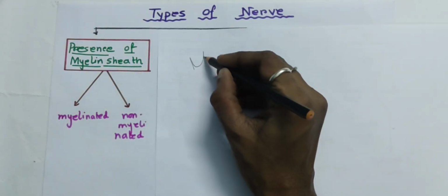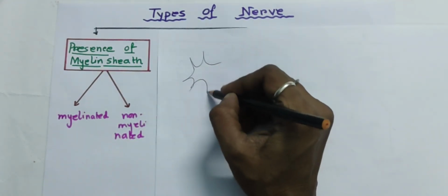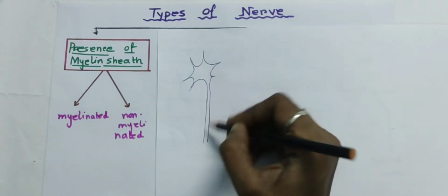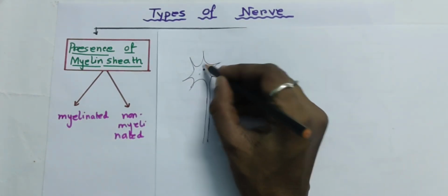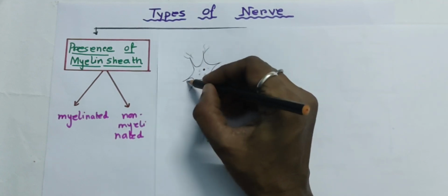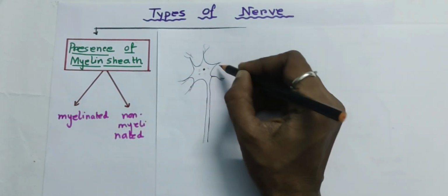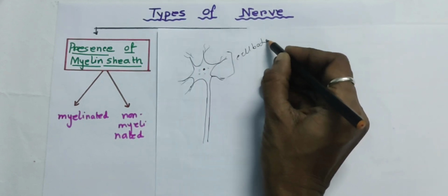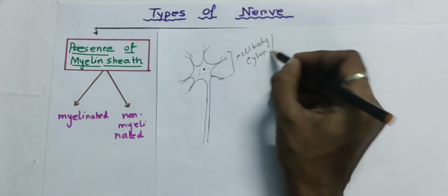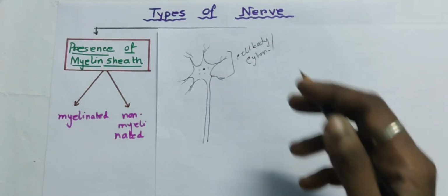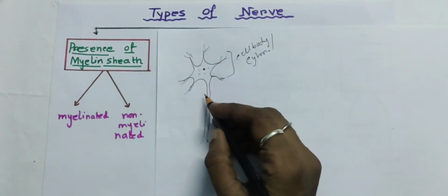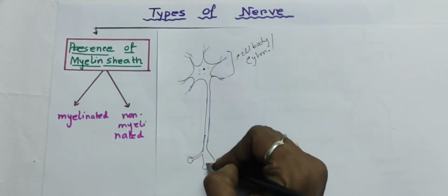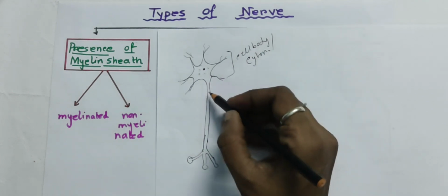Suppose it's a neuron. This is the cell body, or cyton, or soma, perikaryon. There are other names also. And this one is the axon.